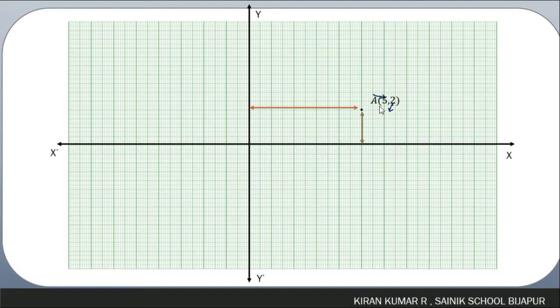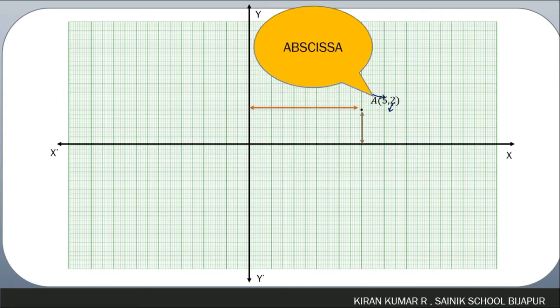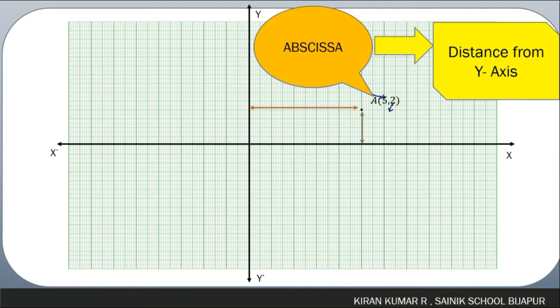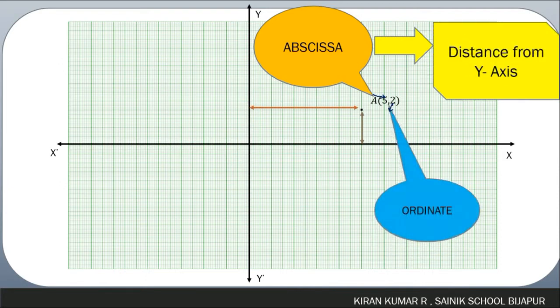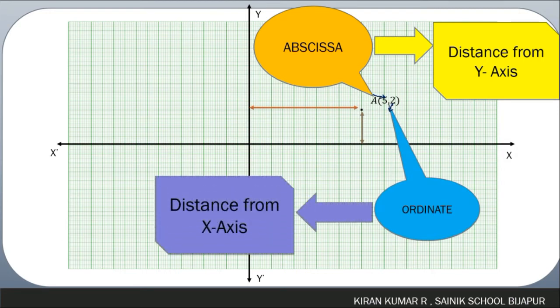The letter A followed by the ordered pair (5, 2). This 5 is called the abscissa and 2 is called the ordinate. Abscissa is the distance away from the y-axis. Ordinate is the distance away from the x-axis.